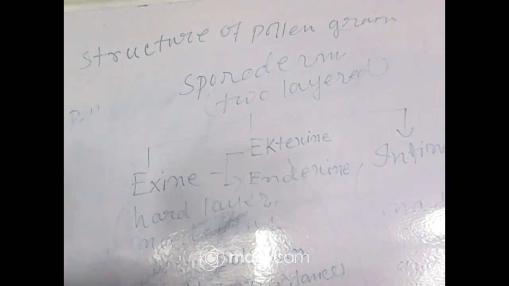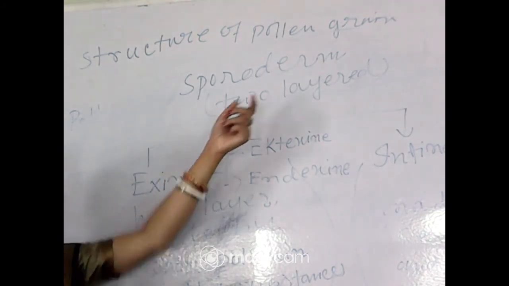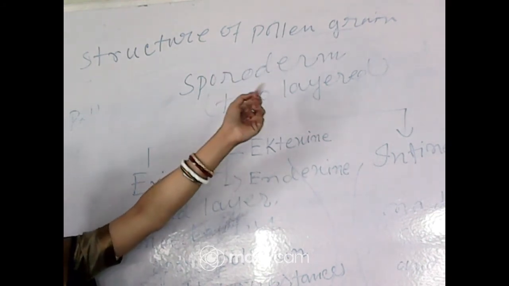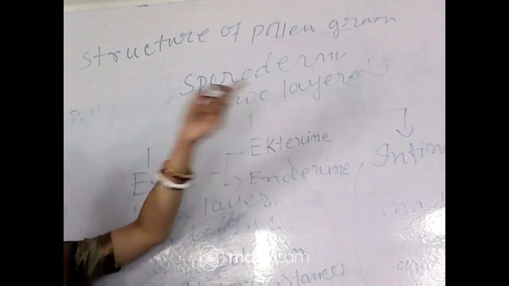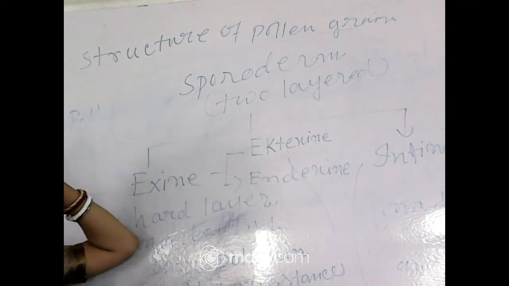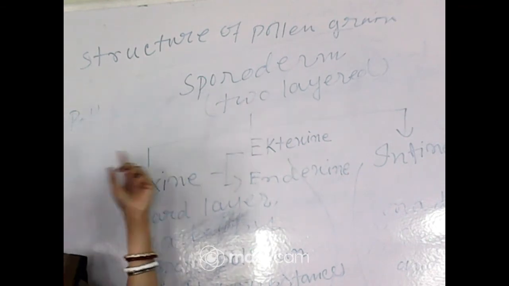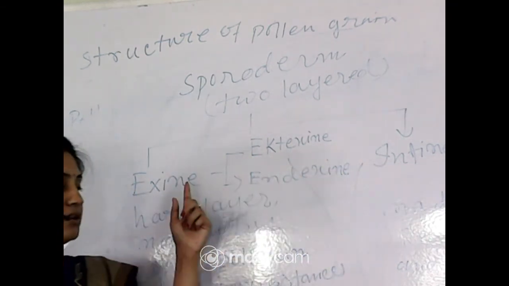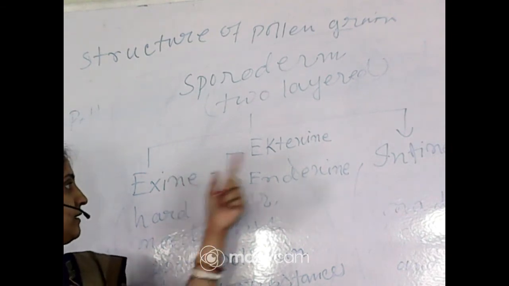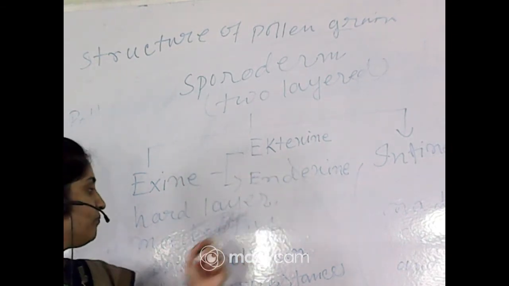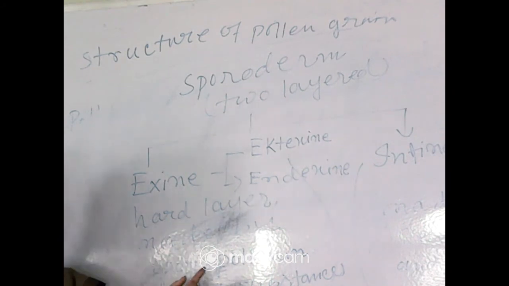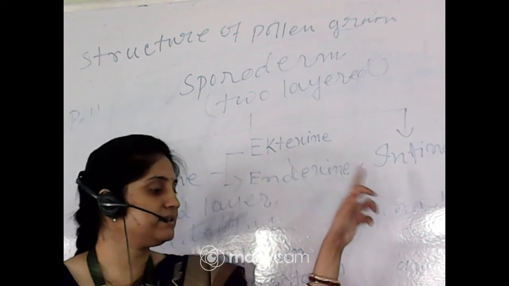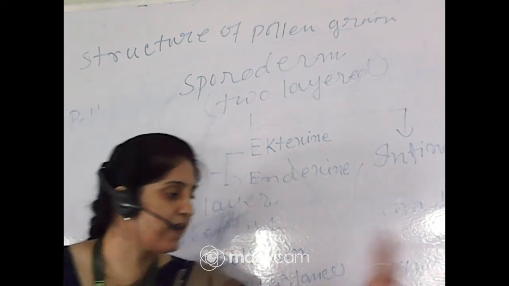So this is the structure of the pollen grain. It is covered by the sporoderm. Sporoderm has two layers: the outer layer is called exine, the inner layer is called intine. Exine can be divided into two layers, ectexine and endexine. Exine is made up of sporopollenin, that is totally fatty substance, and intine, the inner layer, is made up of cellulose and pectin.